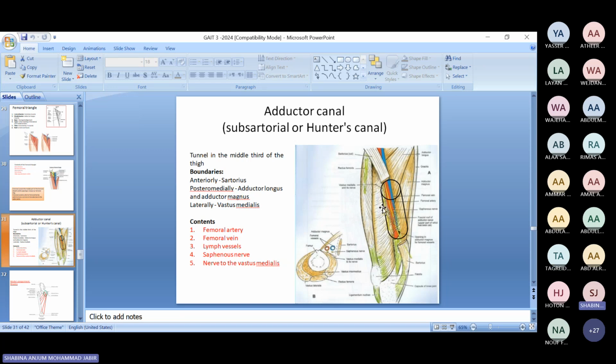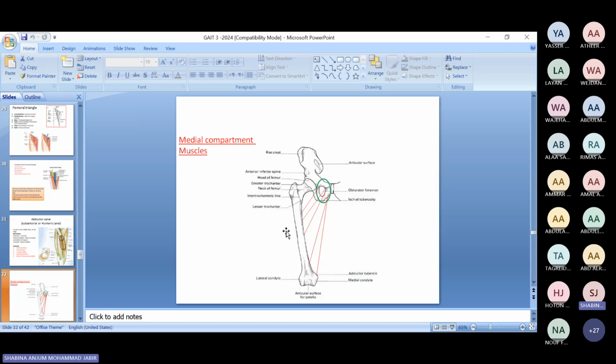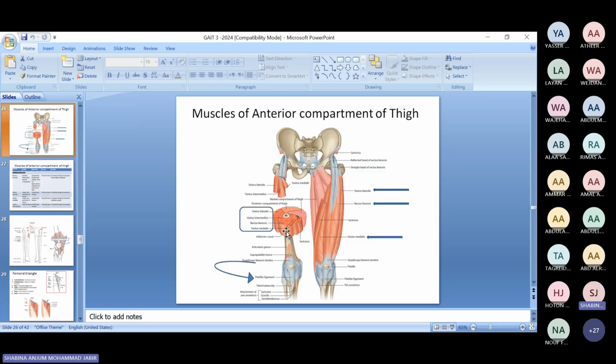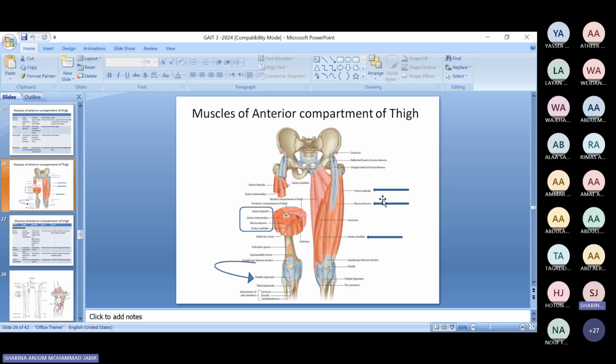Yes, Doctor. Laterally is where you have the vastus muscle, vastus medialis, and there you will have the adductor muscle. How will you identify the four quadriceps muscles? First of all, in the center you will have the rectus femoris, which goes to the patella, rectus because it is straight. Medial to the rectus femoris you will see these fibers: vastus medialis.